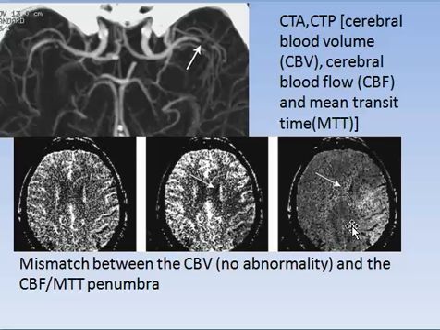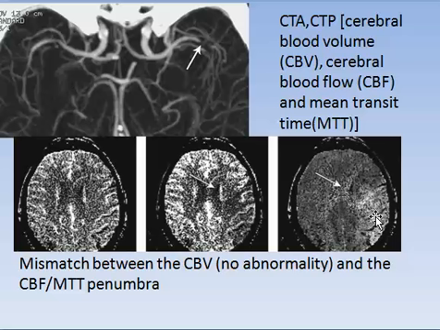And here is the MTT, or the mean transit time. Still we have something in the distribution of the middle and posterior cortical branches of the sylvian on the left side.